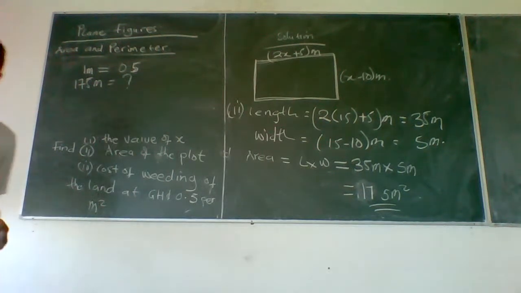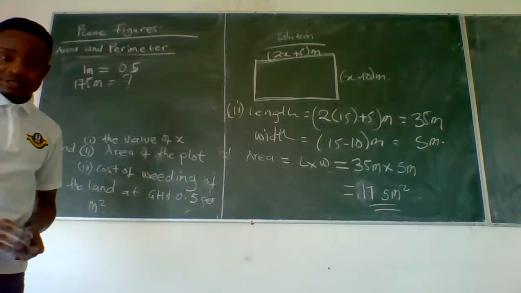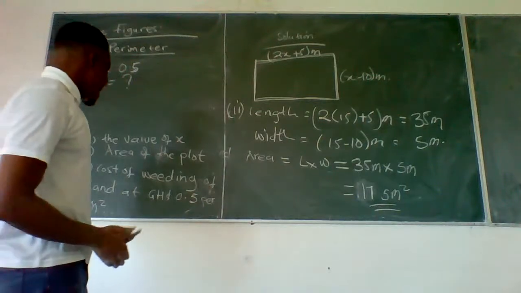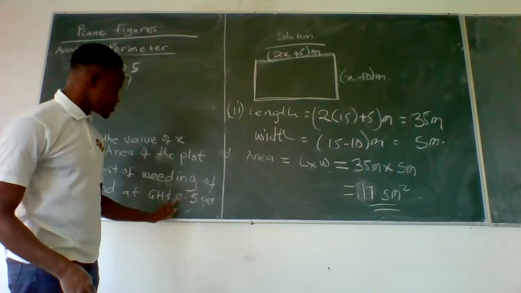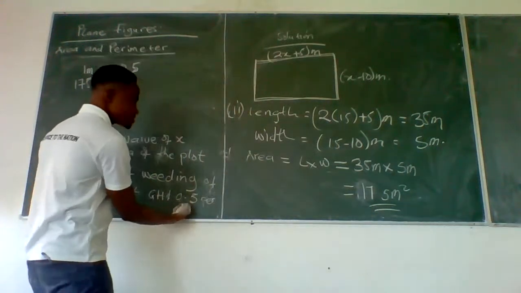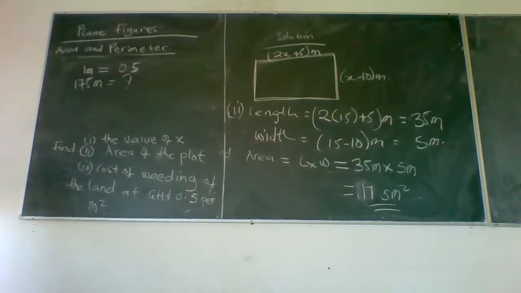So this one you can tackle in two ways. You can use ratio and proportion. But I'm just going to give you the straightforward way. If 1 meter square is 0.5, how much would it be? So you just multiply this by that so that you get your total cost.